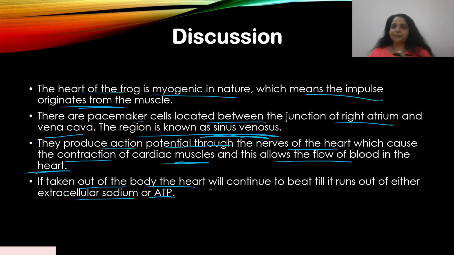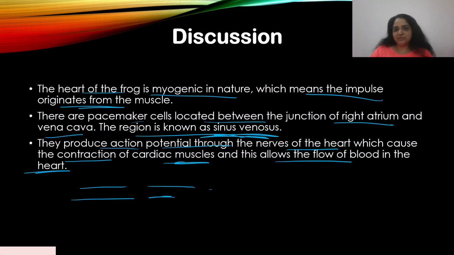The pacemaker cells are myogenic in nature and they are auto-excitable. So even if the heart is taken out of the body for some time, it will continue to beat normally till it runs out of energy. Temporarily, it will continue to beat because of these two reasons.